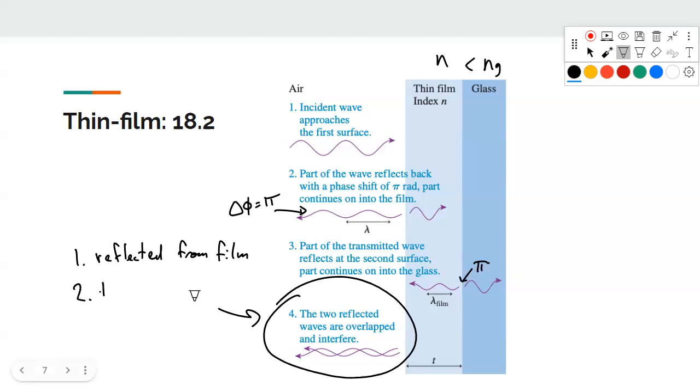It went through the film, reflected from the glass in this case, and then went through the film again and came out into the air. So you can see the history of each of those two waves. And the result will be some linear interference.